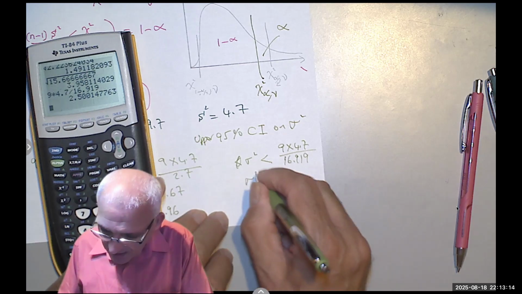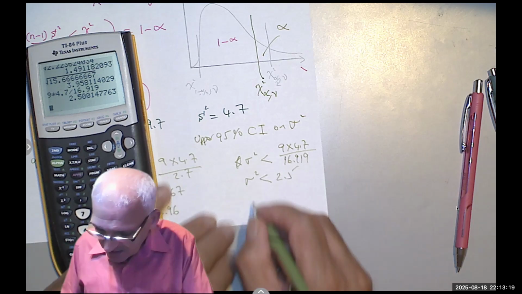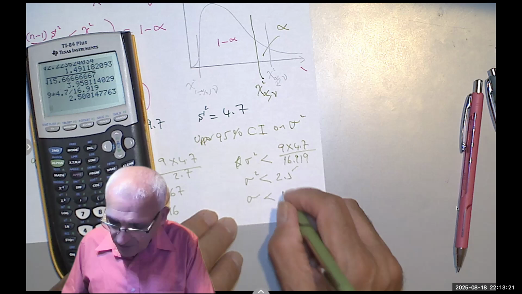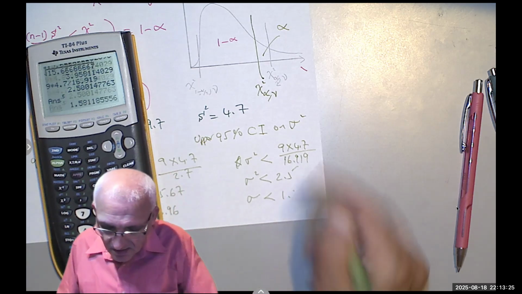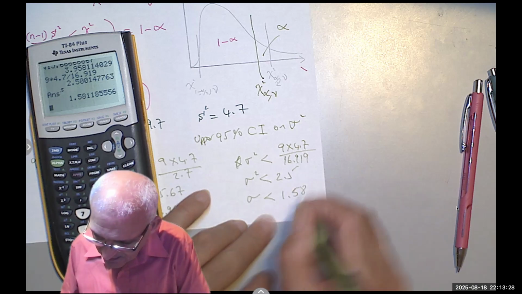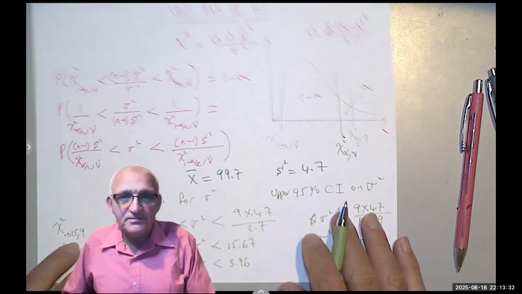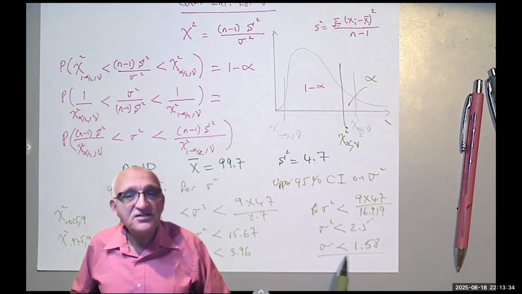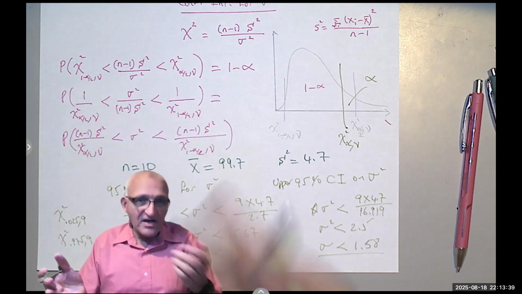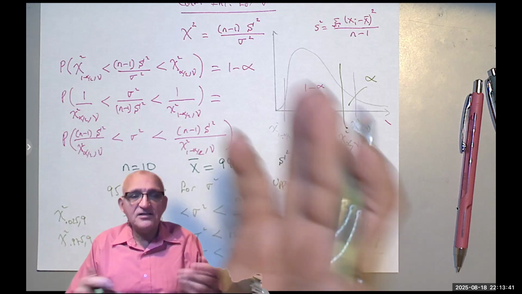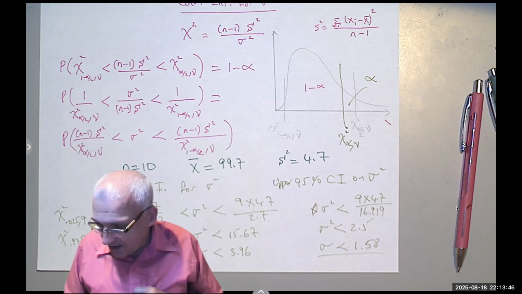So sigma square is less than 2.5, which means sigma is less than roughly 1.59 or 1.58. And that's what we usually are interested in, to find an upper limit on a 95% or 99% upper limit of our variance.